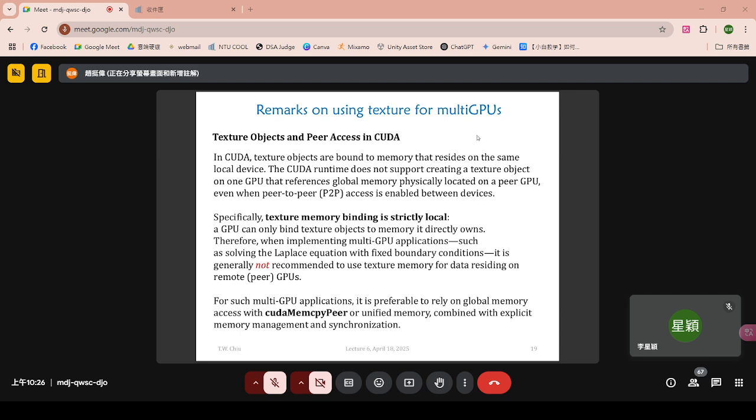So that explains why last time my texture code with two GPUs could not speed up. Actually, it was slower than two GPUs without texture or even one GPU.